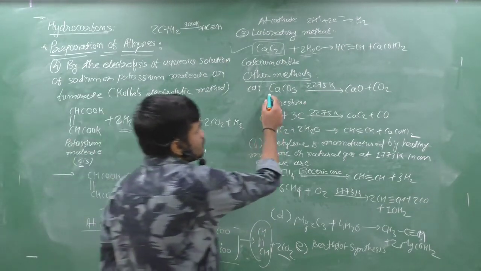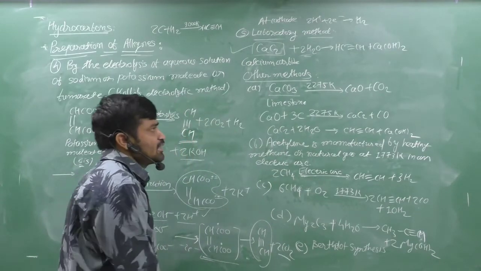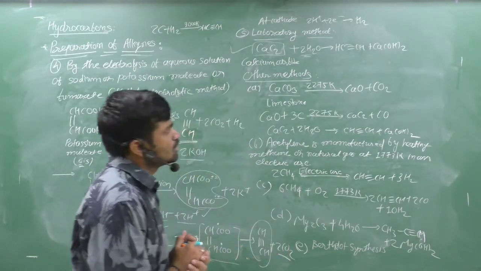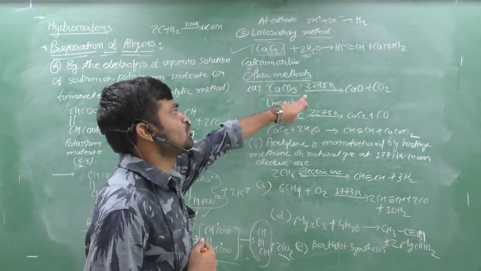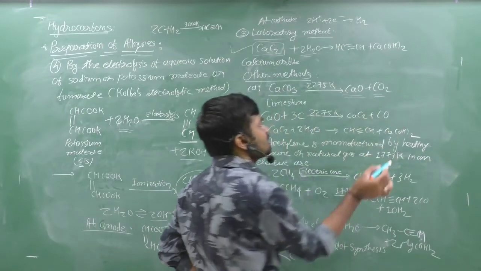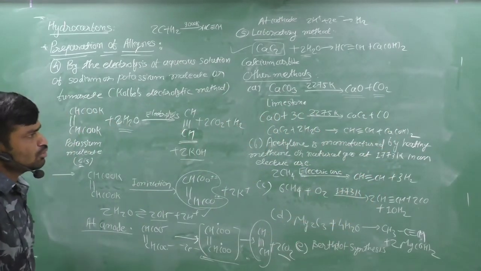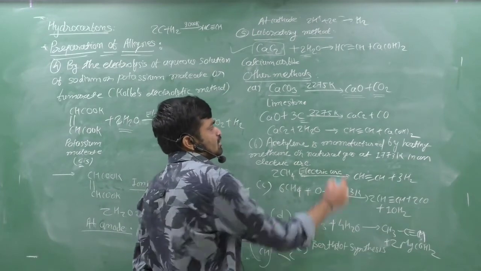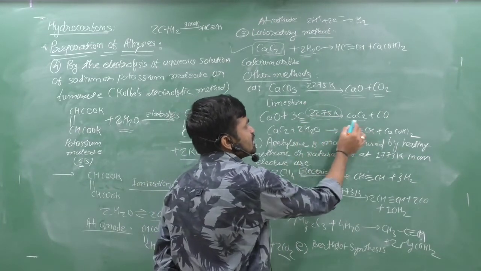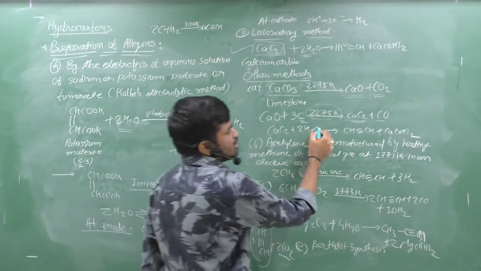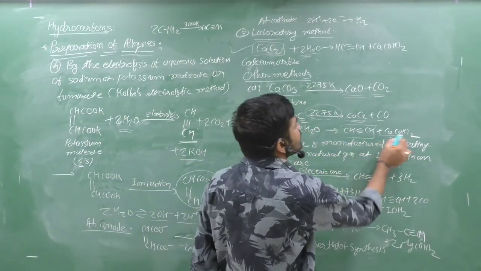If we have limestone, calcium carbonate, CaCO3, we can heat it in a specific boiler at 2275 Kelvin temperature. Now we obtain CaO and CO2. This CaO is treated with carbon at the same temperature to give CaC2 and CO. Now this CaC2 is hydrolyzed with the help of water to give acetylene and Ca(OH)2.